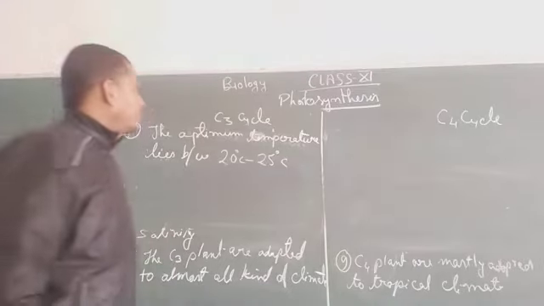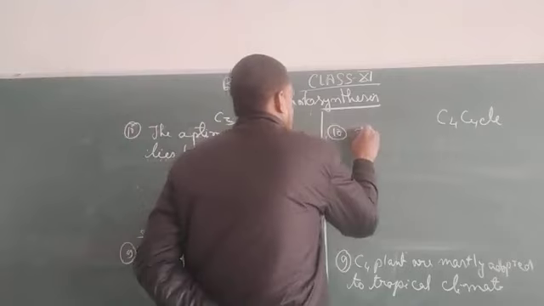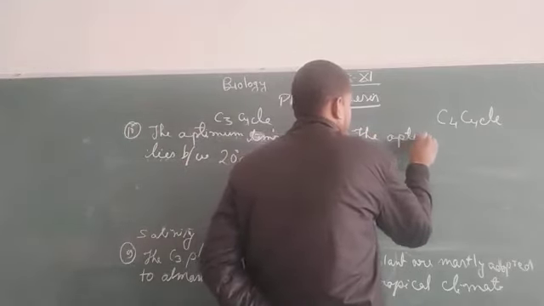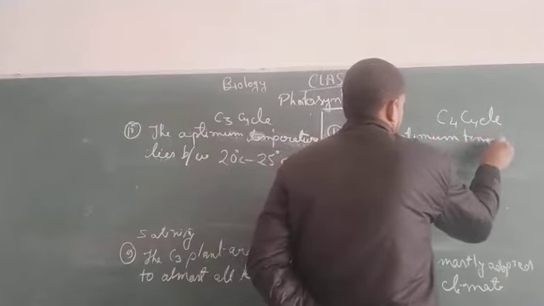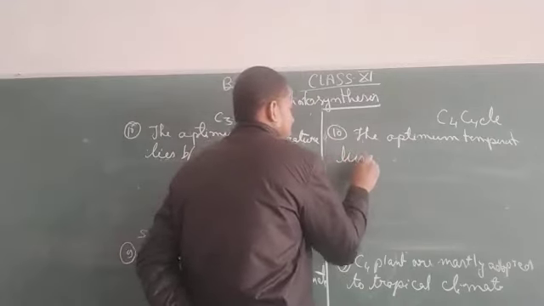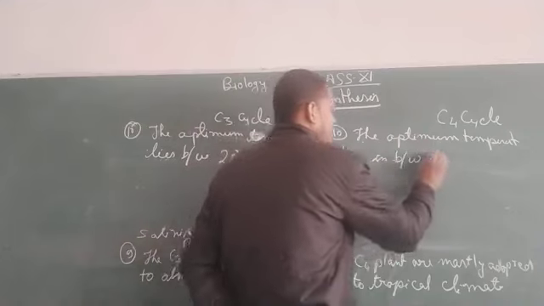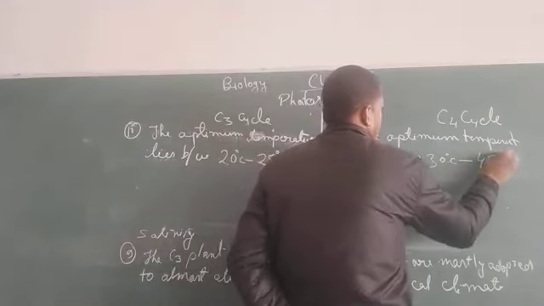But when we talk about C4 plants, the optimum temperature lies in between 30 degrees Celsius to 45 degrees Celsius.